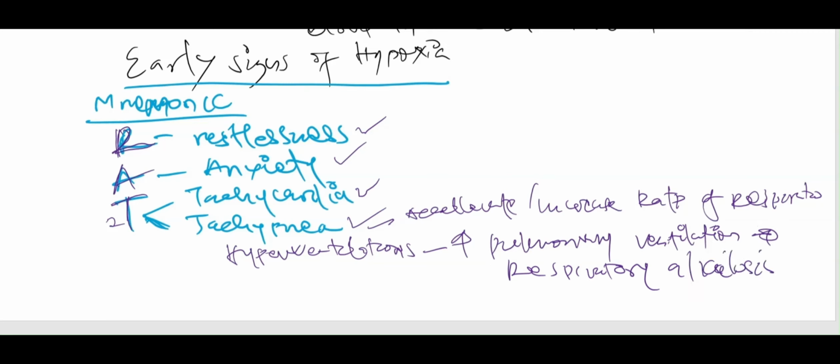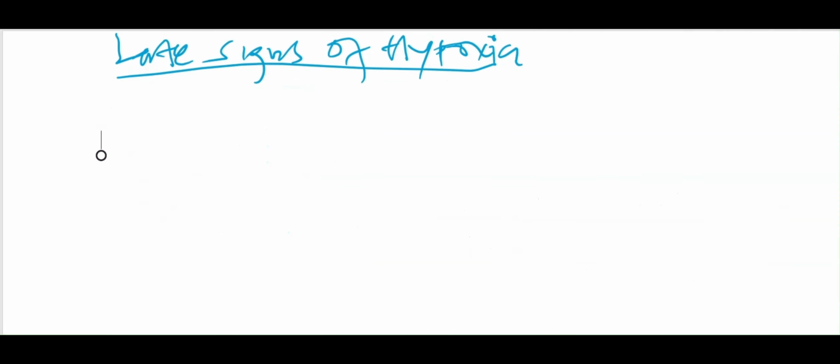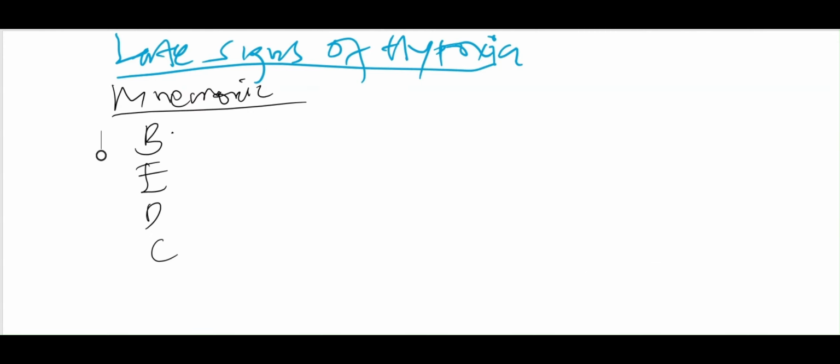Let's now jump to late signs of hypoxia. With late signs of hypoxia, we will use this medical mnemonic. This is simply abbreviated as BED C, whereby B here stands for bradycardia. The patient now will become bradycardic instead of tachycardic.